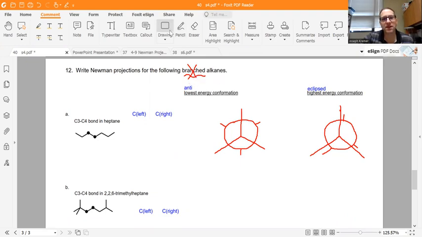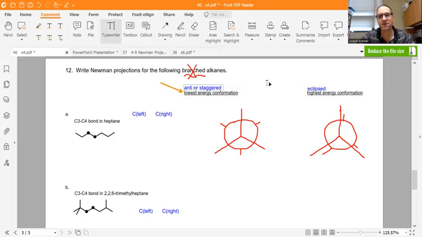And what's important, if you will notice, please, is that each and every time the lowest energy conformation will be that of anti, if possible, or staggered. I might come back and revisit that and say anti or staggered. Whatever, not eclipsed, right? Not eclipsed.